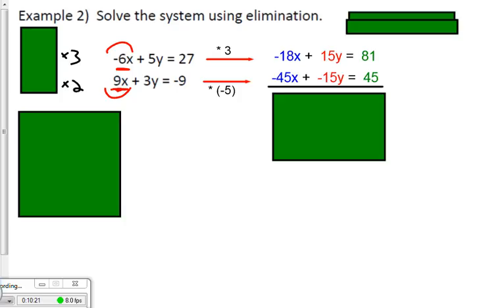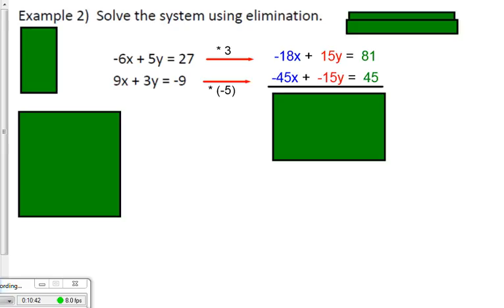Again, that would get us to a negative 18x. That would have worked just as fine. In this case, we just happened to choose to cancel out our y's. You can cancel out x's too, that's fine.